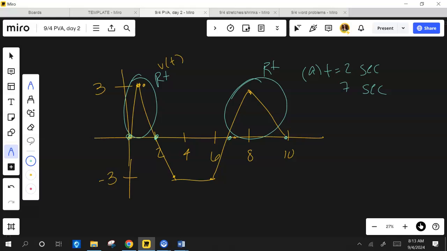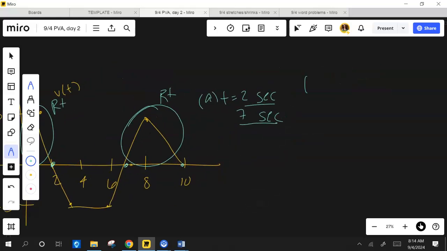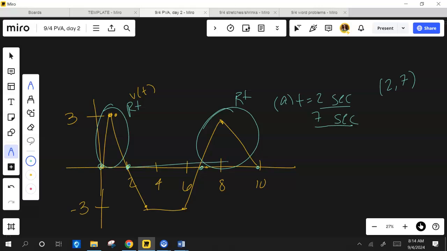Well, that would say an interval from 2 to 7, but we only want to say that it's at, because it says when does it reverse direction, so it's only at that particular second. If you said this says over the interval from 2 to 7 seconds, that would mean during this whole time here, he was changing. He can't change direction. You see what I'm saying?